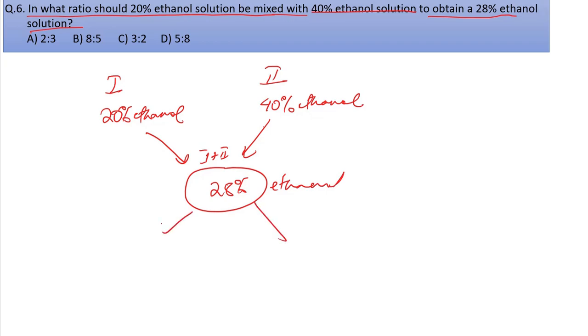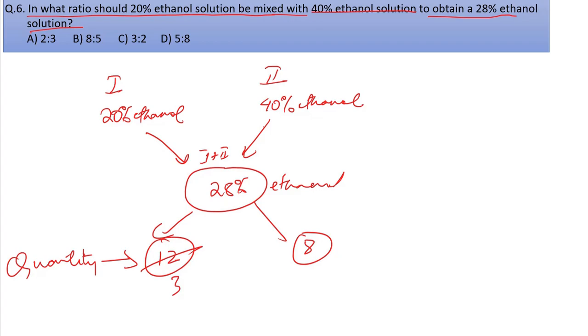The quantity ratio will be 28 minus 20, which is 8, and 40 minus 28, which is 12. 4 twos are 8, 4 threes are 12, so this is 2 is to 3. Option C is the correct answer.